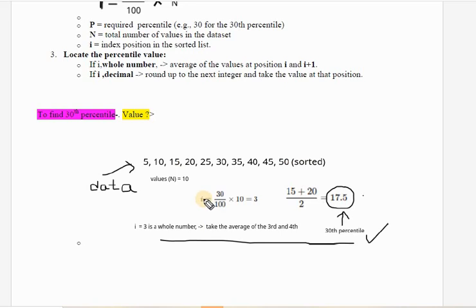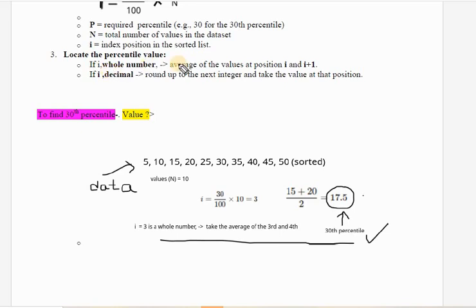So now we are calculating the I. We want the 30th percentile, so we have written 30 here and 100, as in the formula: P by 100 into N. N is the total number of values, which is 10. On calculating we get 3.